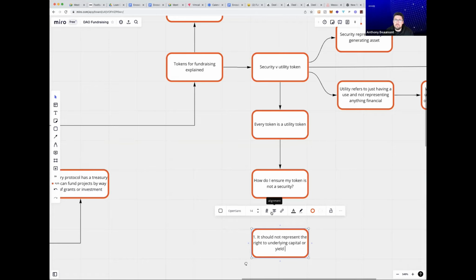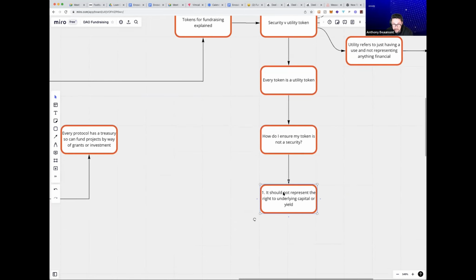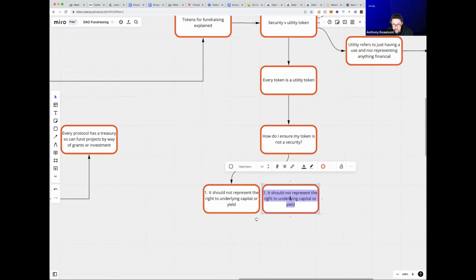Now you might be saying, well, I know that I can tokenize my position in something. Is that a security? I think that gets extremely dangerous. It's not a security, but kind of should be, to be honest. So it should not represent the right to underlying capital yield. Two, if there is financial benefit, it should be indirect, e.g. buybacks, or changing of supply and demand.